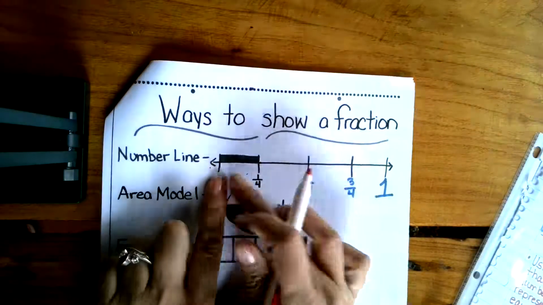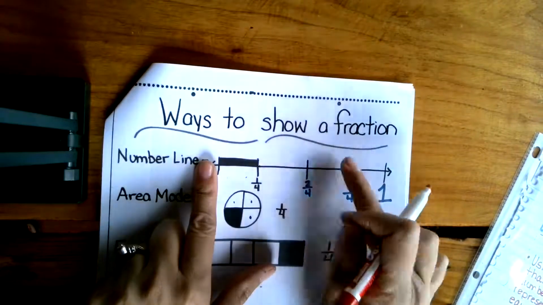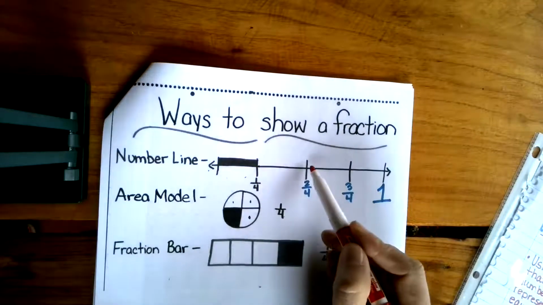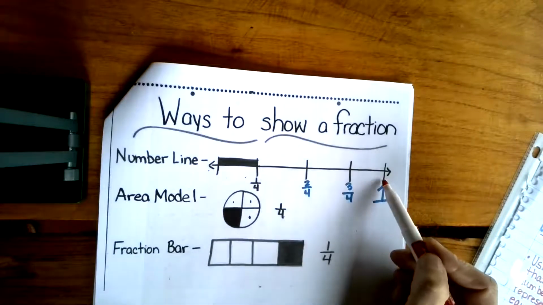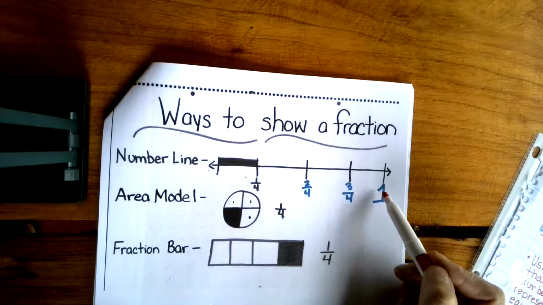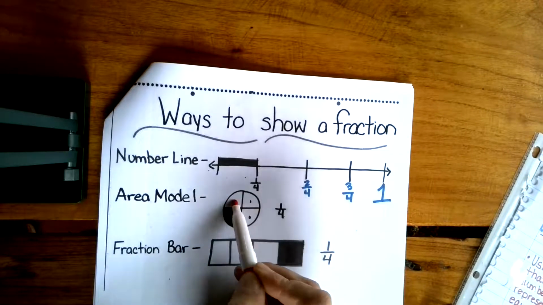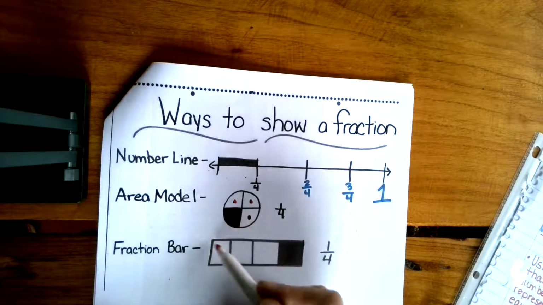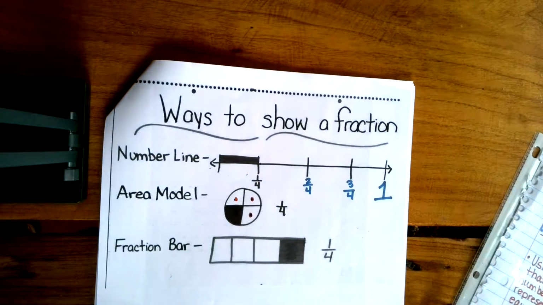You can see that this number line has been partitioned into fourths from 0. Here's a fourth, 2 fourths, 3 fourths, 4 fourths, or my whole. Just like down here in the area model. 1 fourth, 1 fourth, 1 fourth, 1 fourth. And if I shaded all that in, the whole thing would be shaded. And then we have fraction bars.